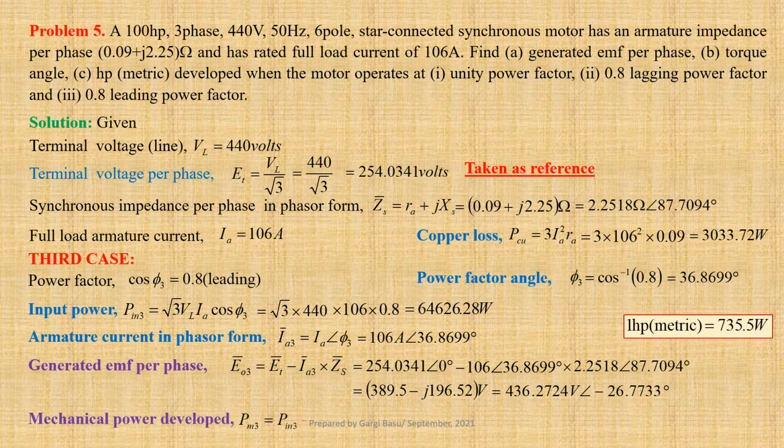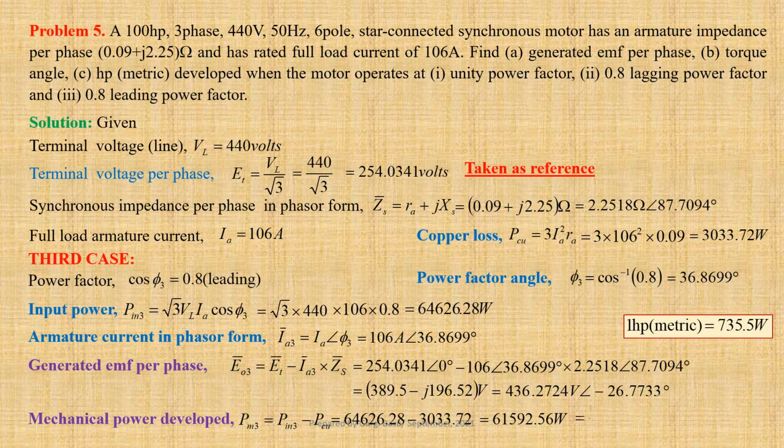Now we shall calculate mechanical power developed. PM3 equals P in 3 minus P copper. Using values we get 64,626.28 minus 3,033.72. That gives us 61,592.56 watts.